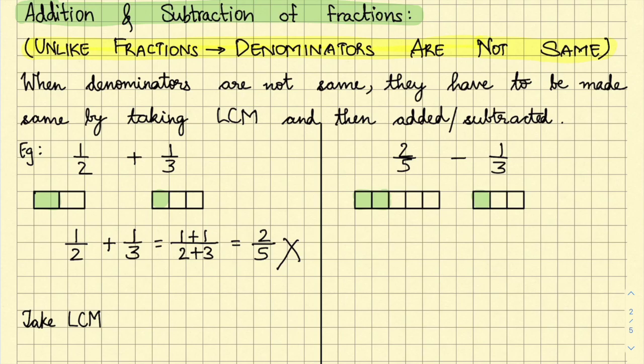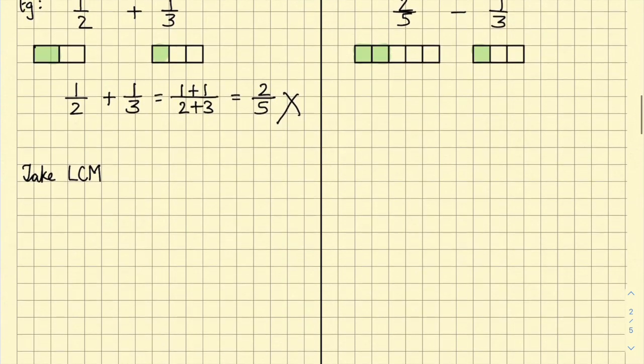So what we need to do is we need to take the LCM. And how we have to take the LCM, this we have already done. We'll just revise that. LCM of 2 and 3. So in the table of 2 you get 2, 1s are 2, 3 you don't get, you write 3 as it is. Now 1 is already there, so we have to think about the other number 3. 3 goes in, 3 ones are 3.